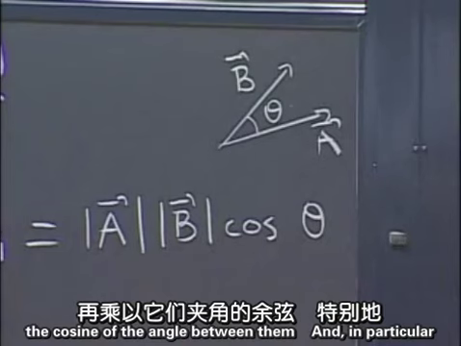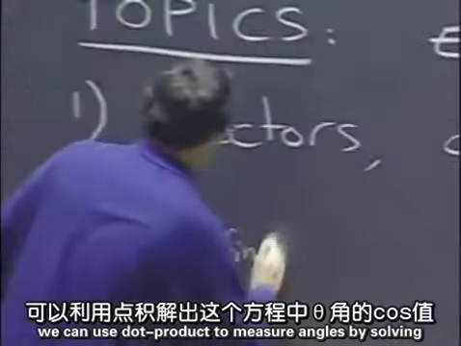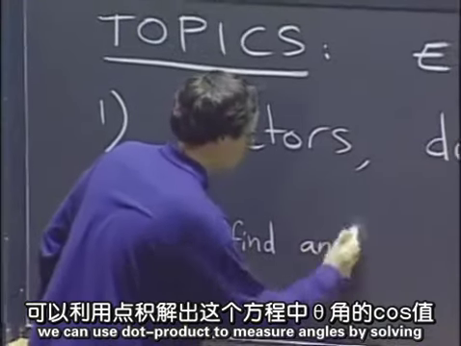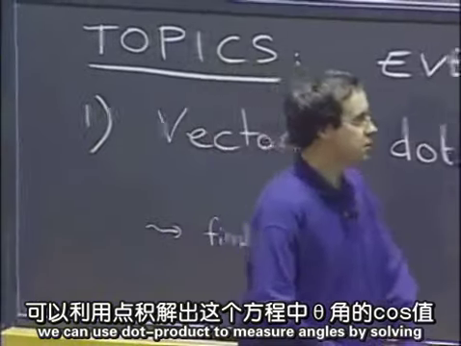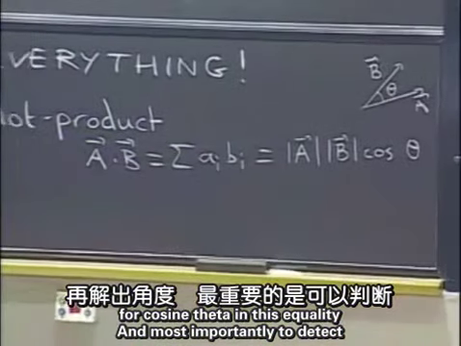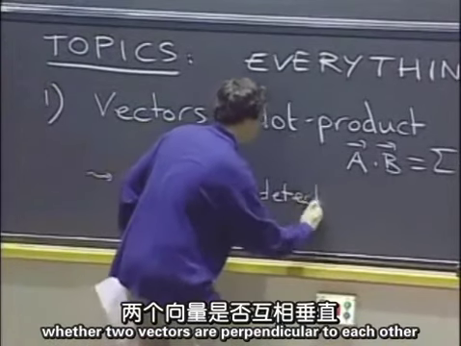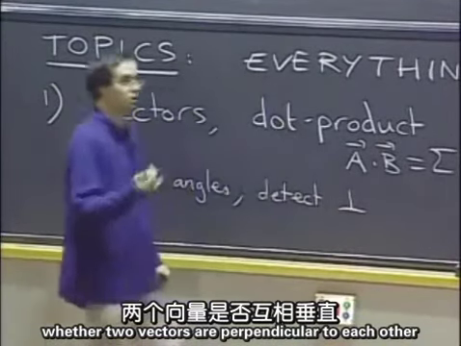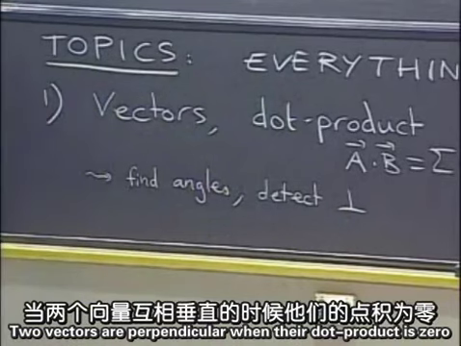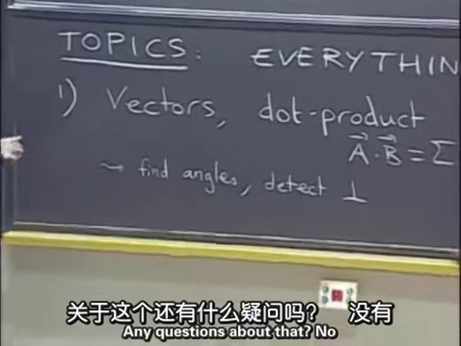In particular, we can use dot products to measure angles by solving for cosine theta in this equality, and most importantly, to detect whether two vectors are perpendicular to each other. Two vectors are perpendicular when their dot product is 0.